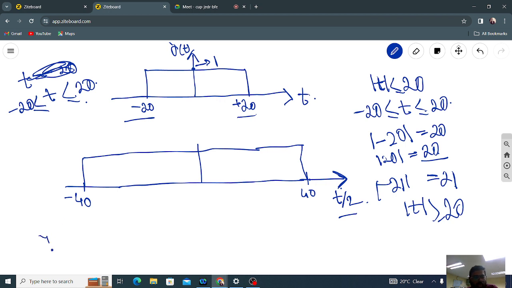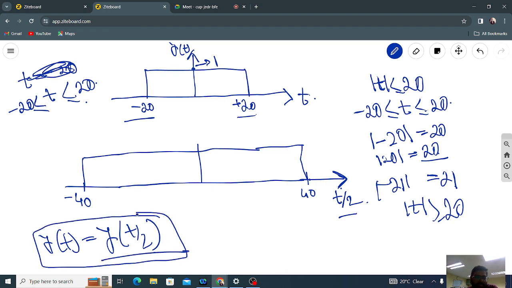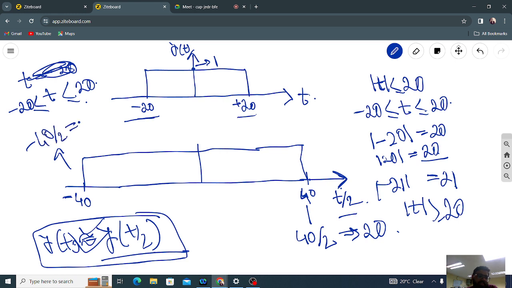So y(t) is equal to y(t by 2). The signal nature will remain the same. We have to make sure these are equivalent signals. So this minus 20 in the t by 2 axis is from minus 40, and this goes to 40, so 40 by 2 remains as 20, and minus 40 by 2 remains minus 20.